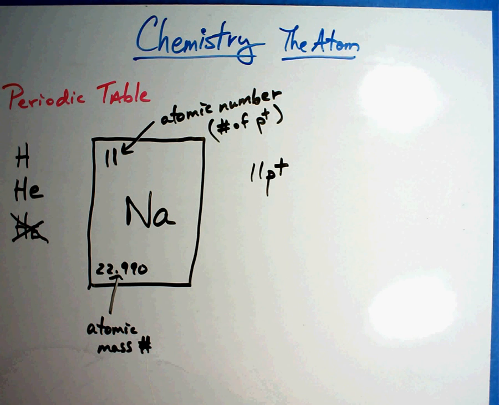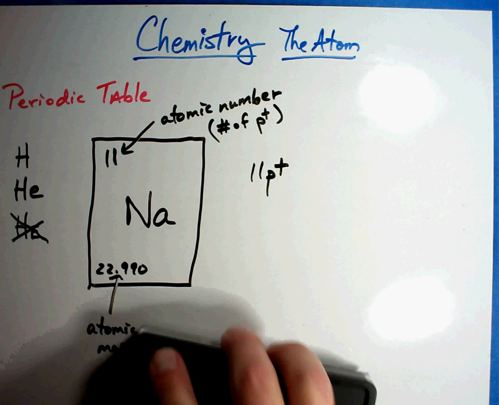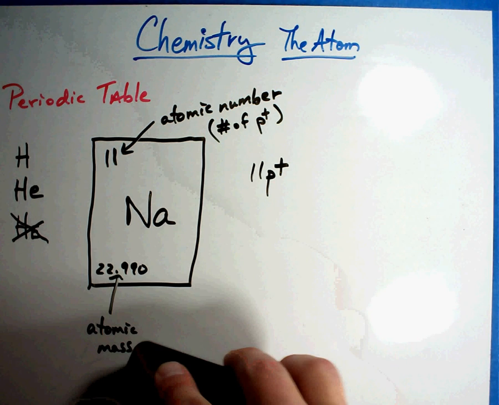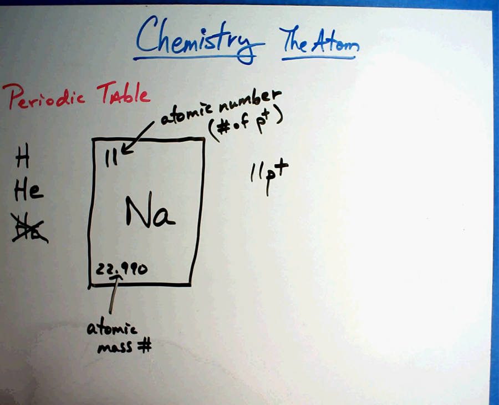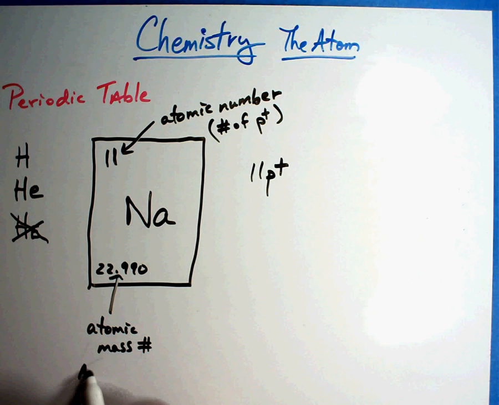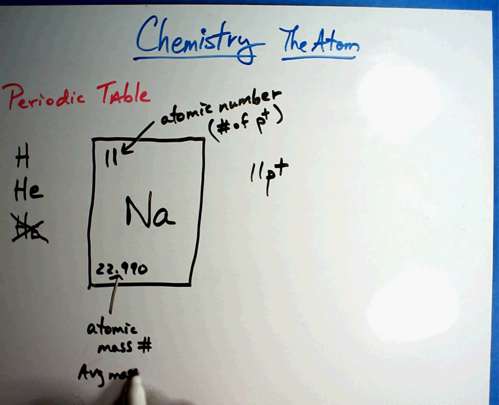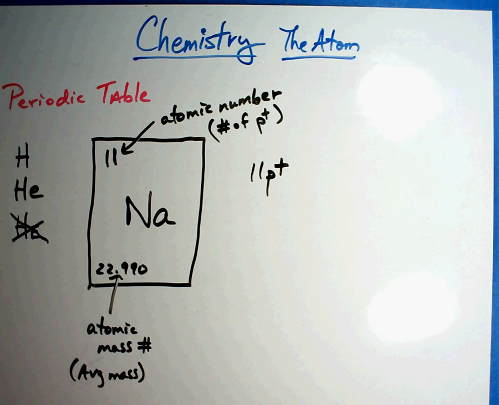The atomic mass number can be a little bit confusing, so let me see if I can explain this. The atomic mass number is the average mass of a sodium in the world as it is here. The average mass.